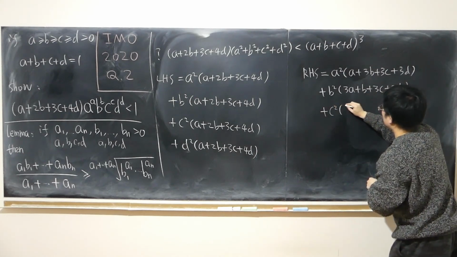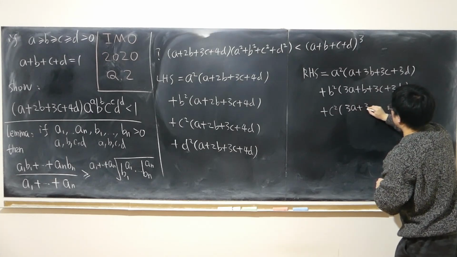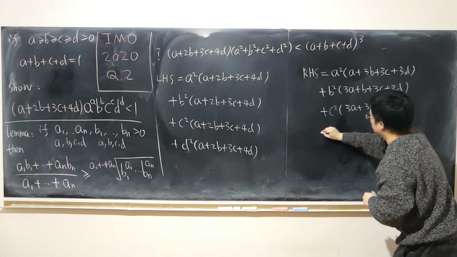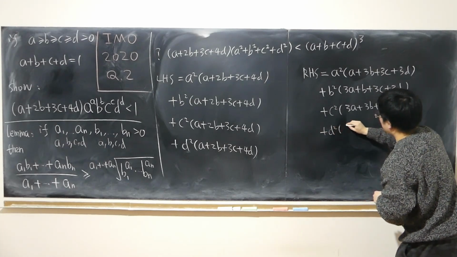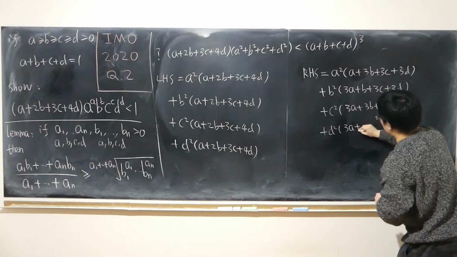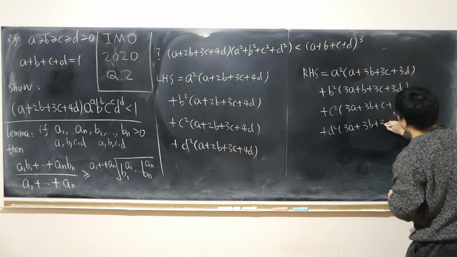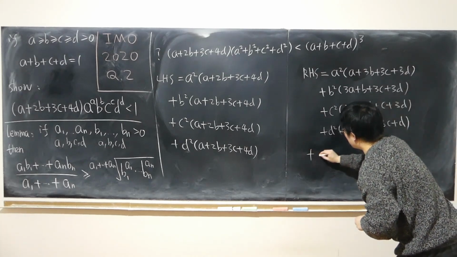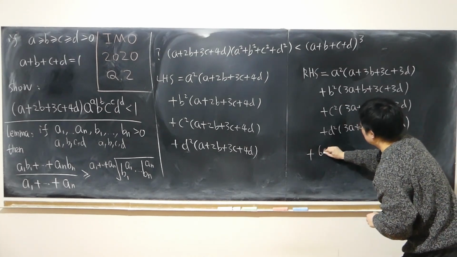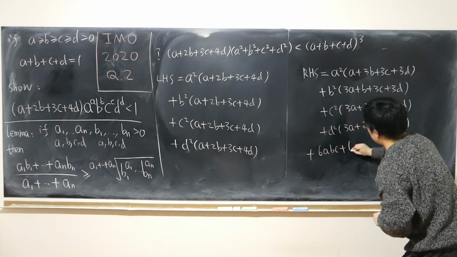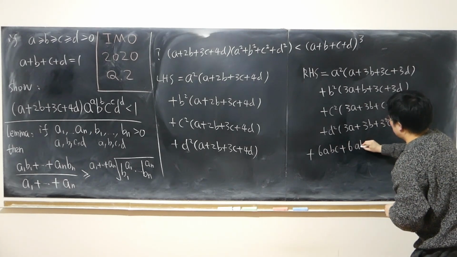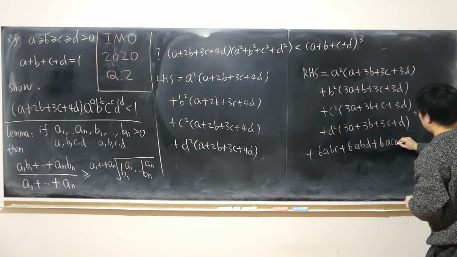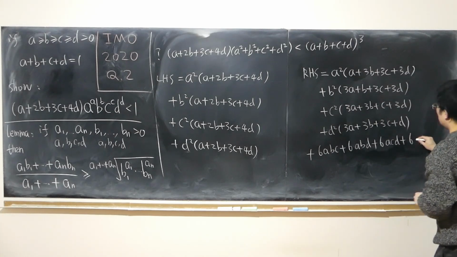C squared, 3A plus 3B plus C plus 3D. Plus D squared, 3A plus 3B plus 3C plus D, plus 6ABC plus 6ABD plus 6ACD plus 6BCD.